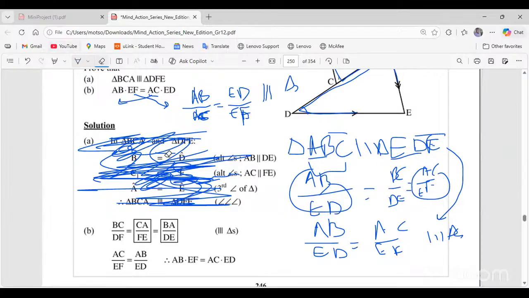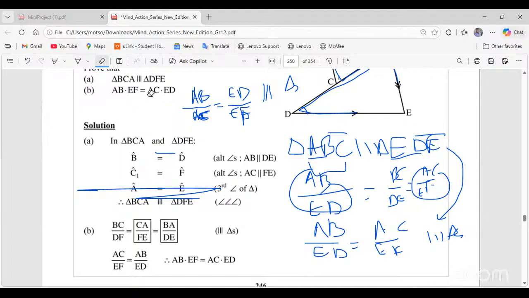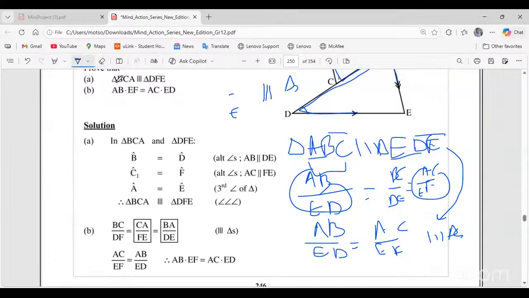But otherwise, if you were required in the previous question to prove that similarity, you can just use BC over DF is equal to CA over FE, and CA over FE is equal to BA over DE, just like we have now.